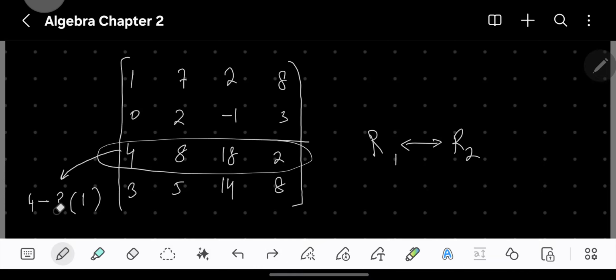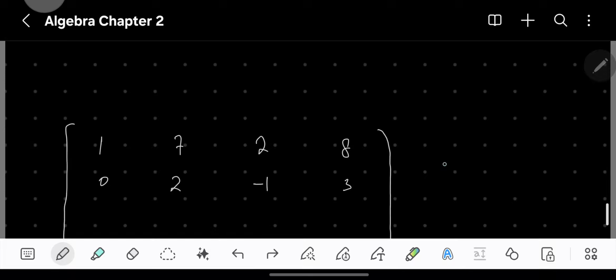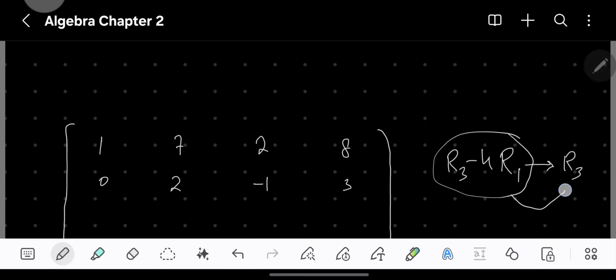The obvious answer is 4. This 4 refers to R3, minus this 4 which is the scalar, and this one refers to R1. So this is the operation I will apply to make this 0. I will write R3 minus 4 times R1.